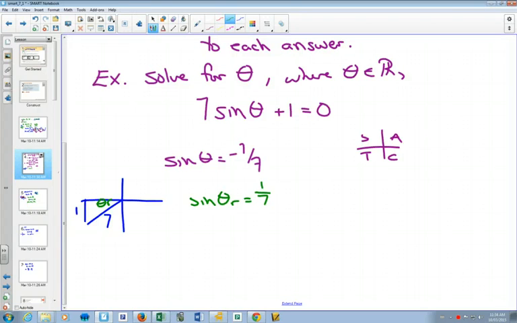So when we do sine inverse of 1/7, we get 0.143 as our reference angle. I'm going to store that value as x, so I can find pi plus my reference angle.